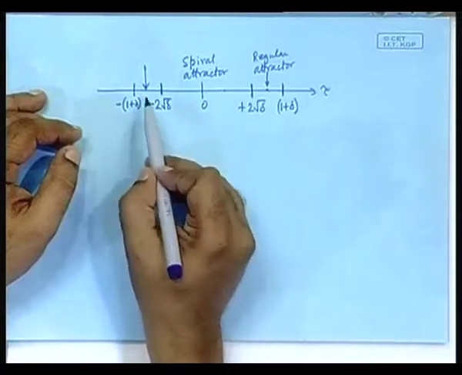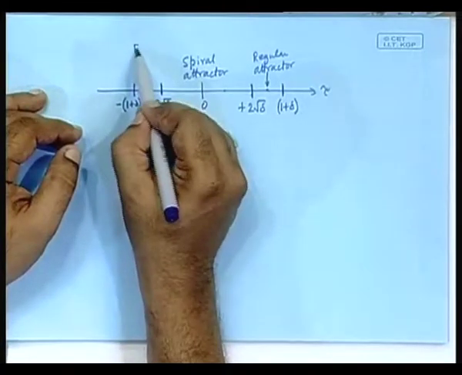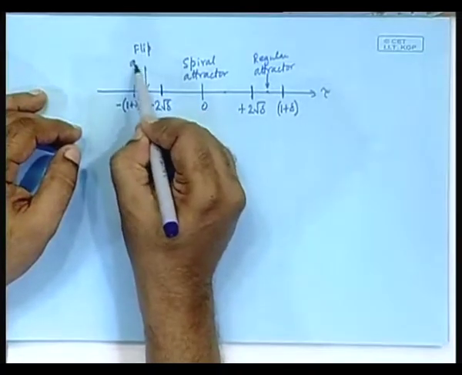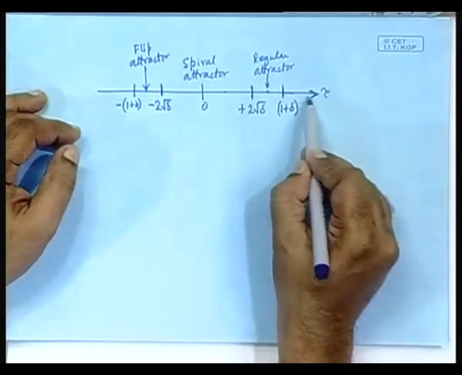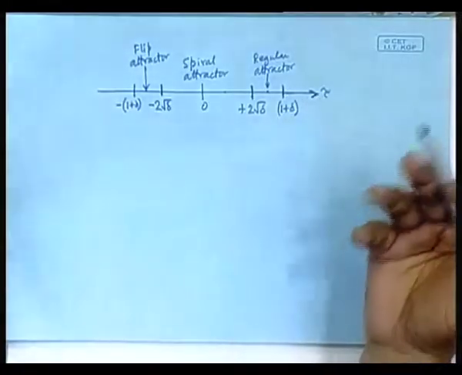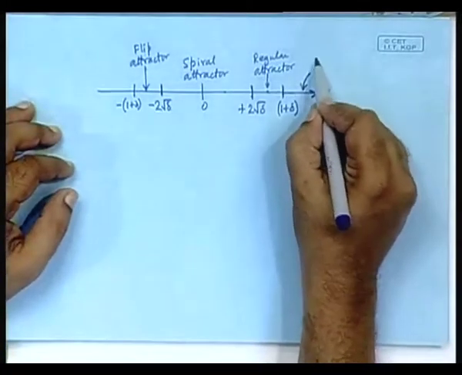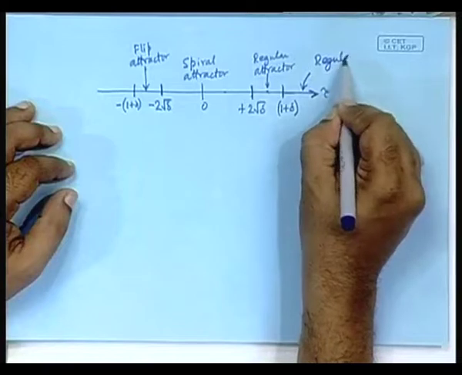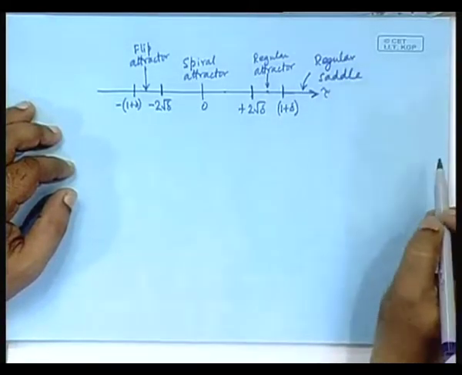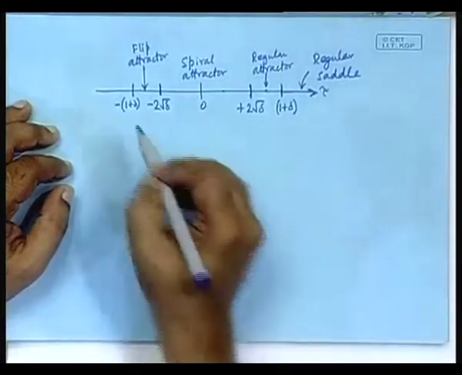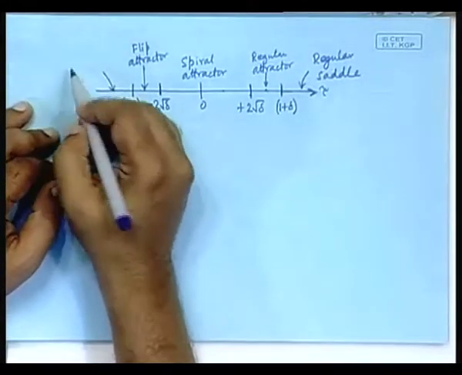Eigenvalue would be negative, which means it will be a flip attractor. In this part it is positive, but the value will be greater than 1. So, it is regular saddle. Is it visible? I will have to write larger, and in this part it is flip saddle.